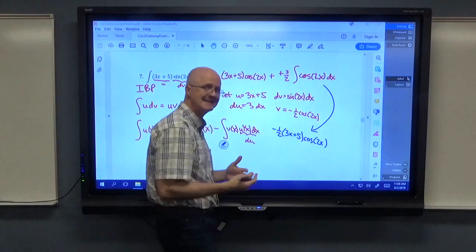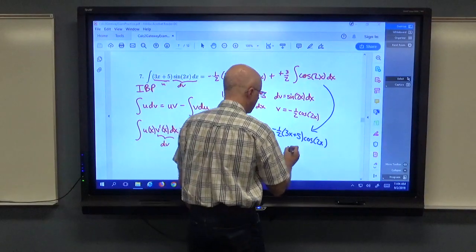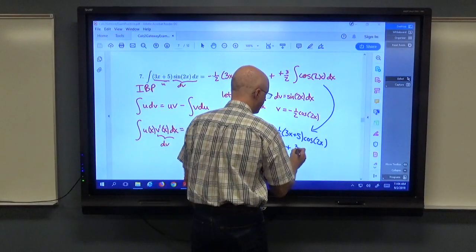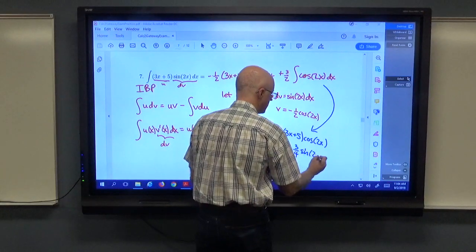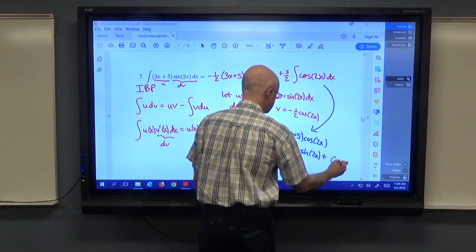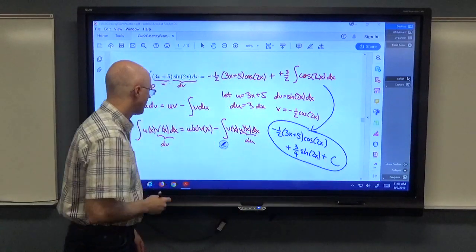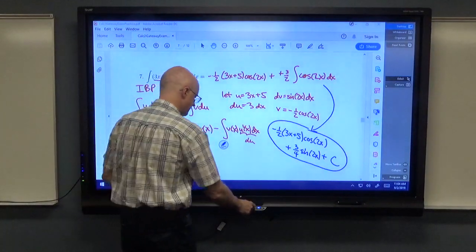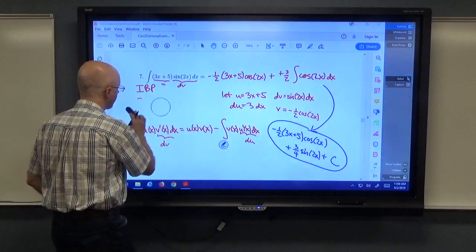The integral of cosine is sine. I'm going to get another factor of 1/2. 3/2 times 1/2 is 3/4 sine 2x plus c. There's your final answer if I have not made a mistake. I think I need to check this. Let's go ahead and erase these formulas to give me room to check it.